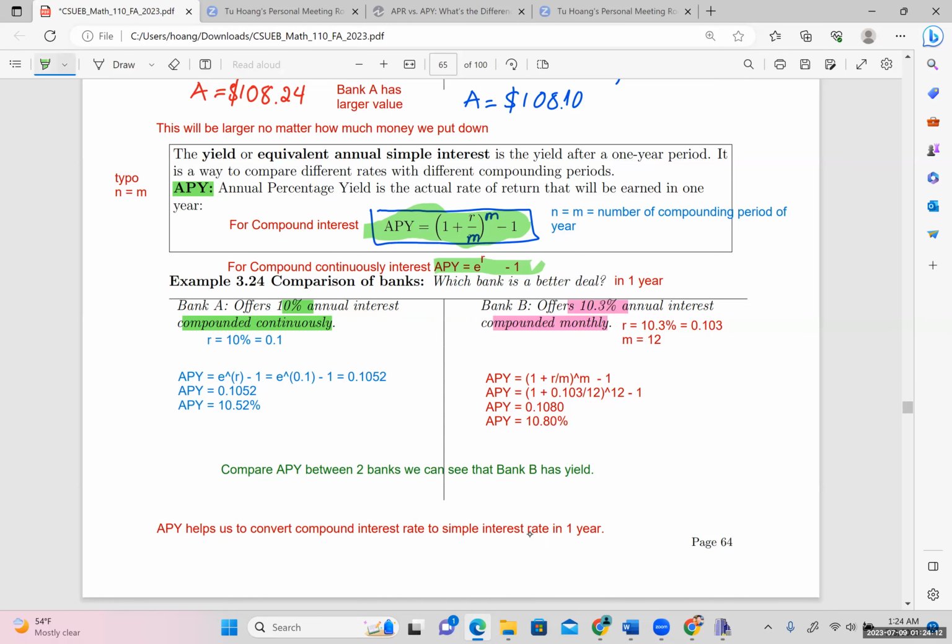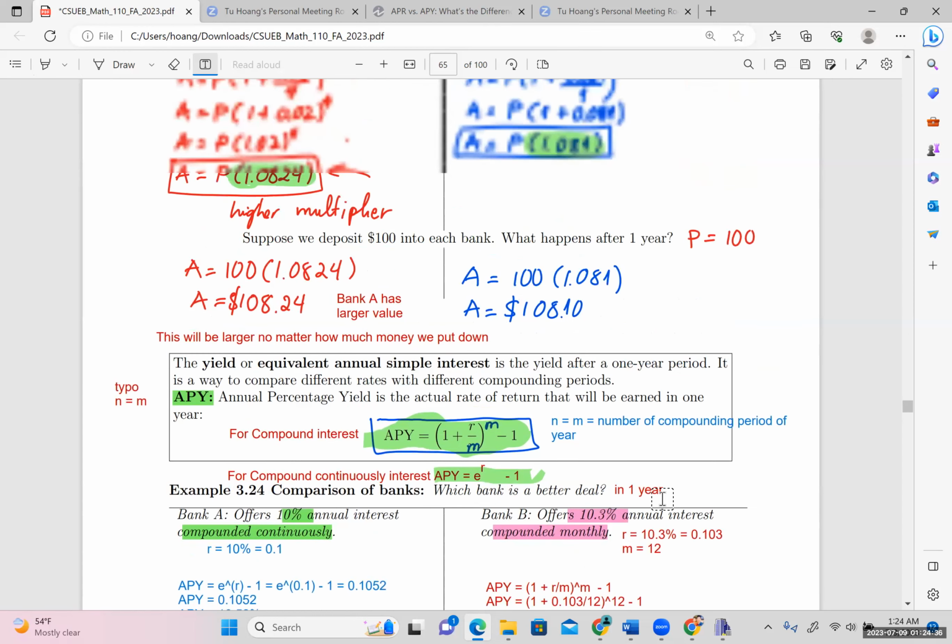So let's see this one. It's greater than 10.2%. Right. All right, great. So this way is quicker than the way above here.